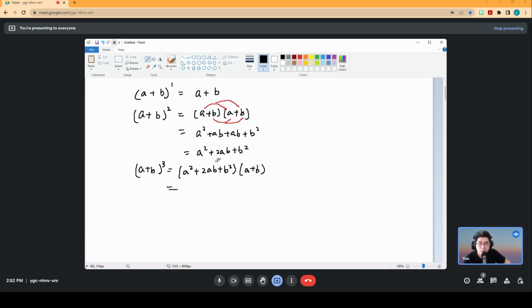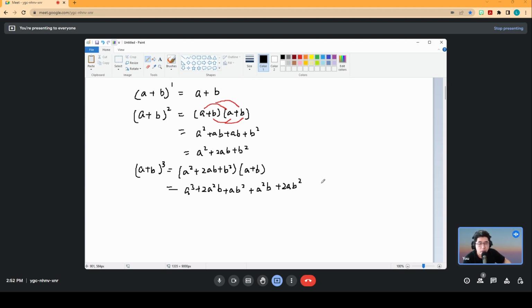So a squared with a, I have a cube. 2ab and a, I have 2a squared b. And b squared with a, I have a b squared. Then with b, I have a squared b. 2ab with b, I have 2ab squared.